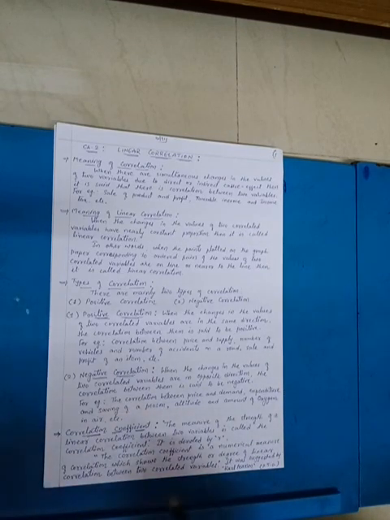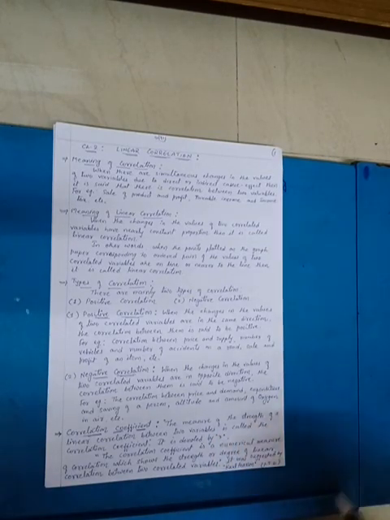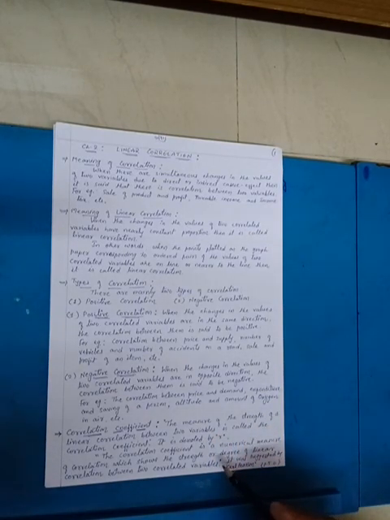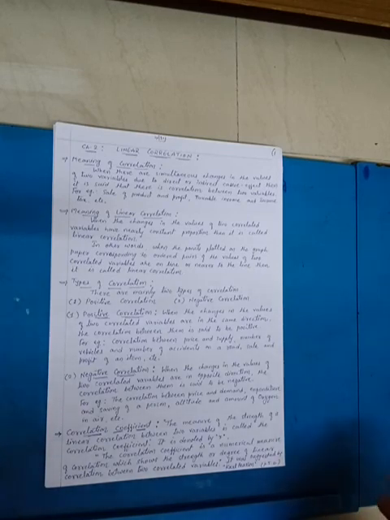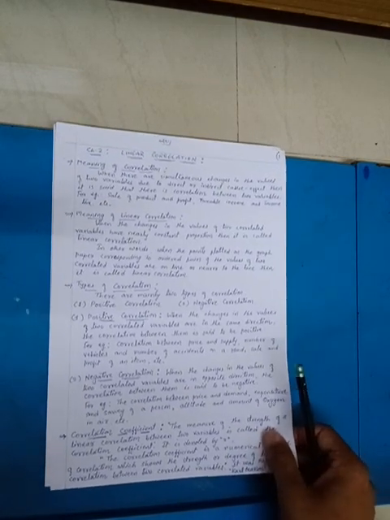Such a degree or measure, which is a numerical value, is called the correlation coefficient. This measure is suggested by the statistician Karl Pearson, so it is also called Karl Pearson's correlation coefficient. Now we are going to learn how we can calculate it.